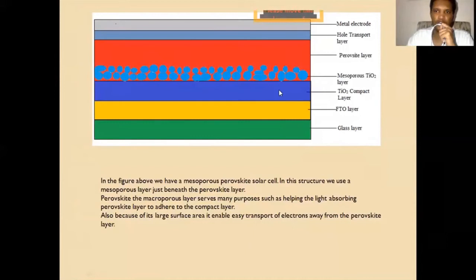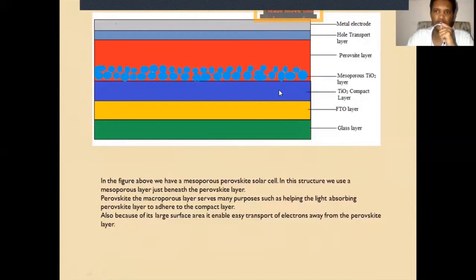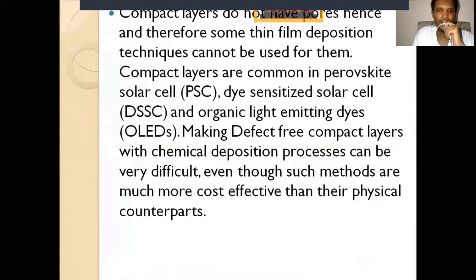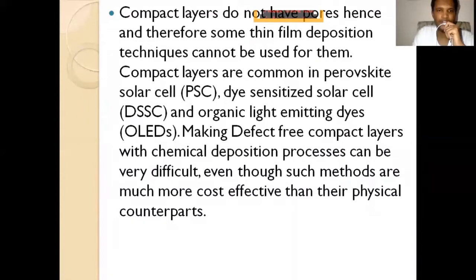Compact layers are generally used in perovskite solar cells, dye-sensitized solar cells, and organic light-emitting diodes. Making defect-free compact layers by chemical deposition can be difficult, even though such a method is very cost-effective compared to physical deposition methods such as sputtering. A good TiO2 compact layer should be uniform, defect-free, and have high transmittance, meaning it should be very transparent.